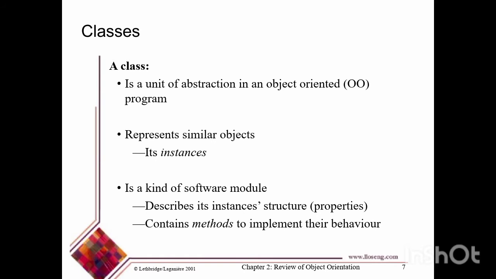Also we can say that a collection of objects is a class, which is a kind of software module. It describes its instances' structure and properties, and contains methods to implement their behavior. Every class has instances, and every class has methods to implement their behavior.